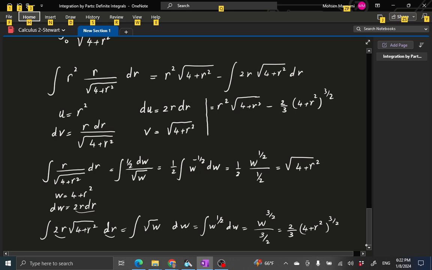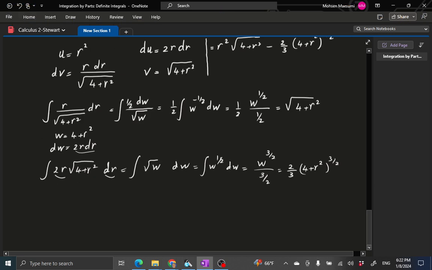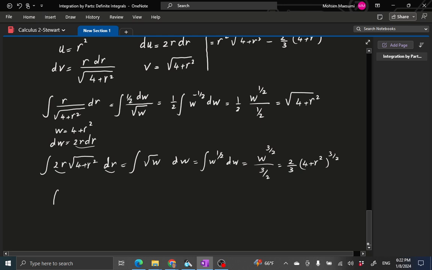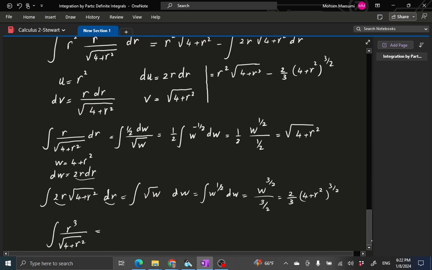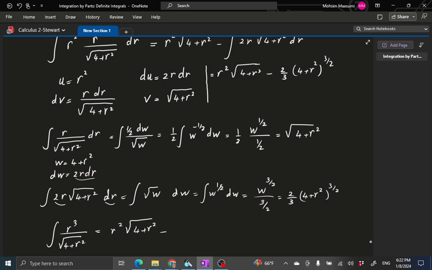So let's write what we obtained so far. r cubed over radical 4 plus r squared became r squared radical 4 plus r squared minus 2/3 of 4 plus r squared to the power of 3/2, and a constant. I should have added a constant here.